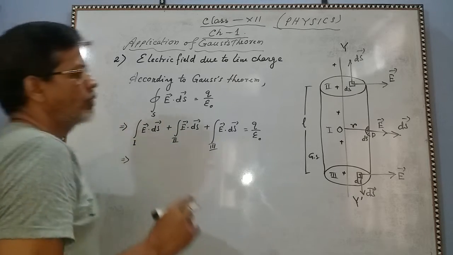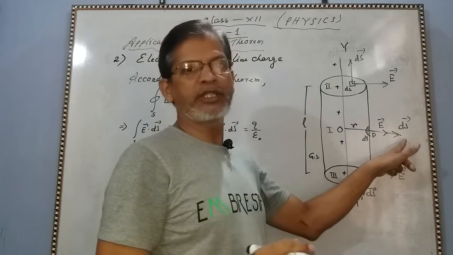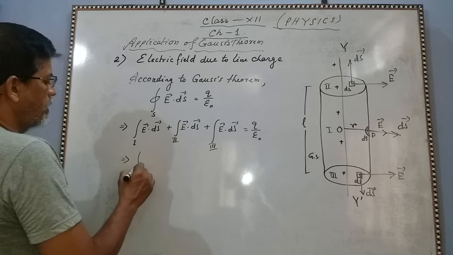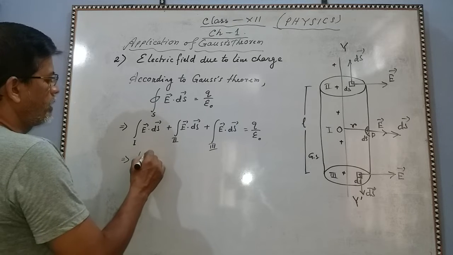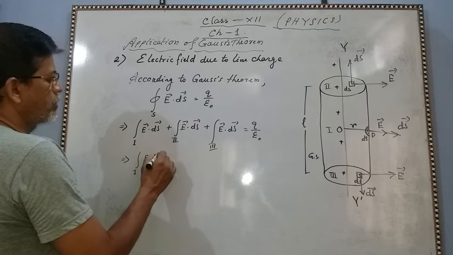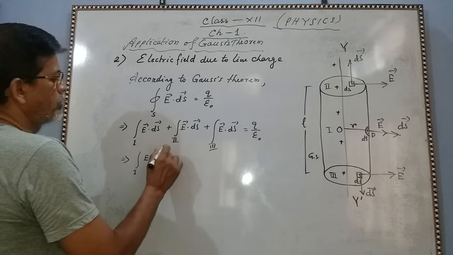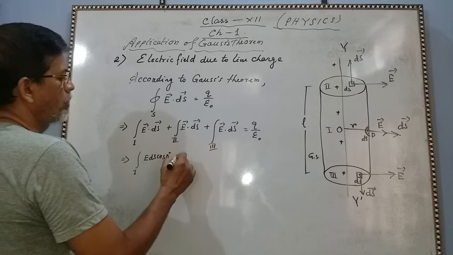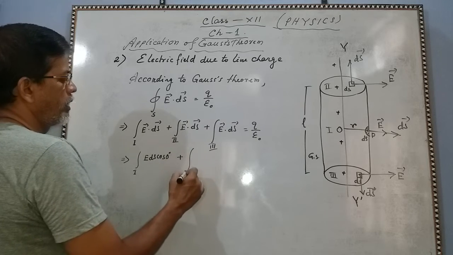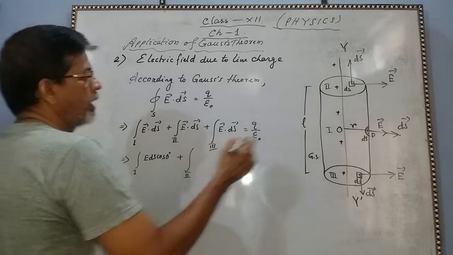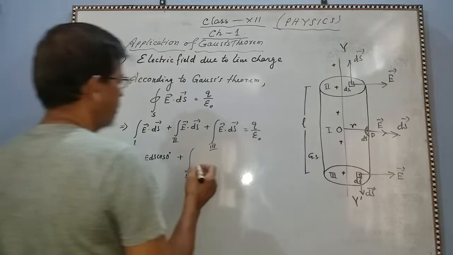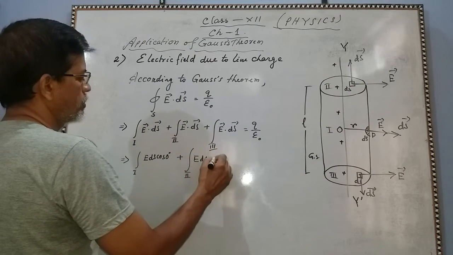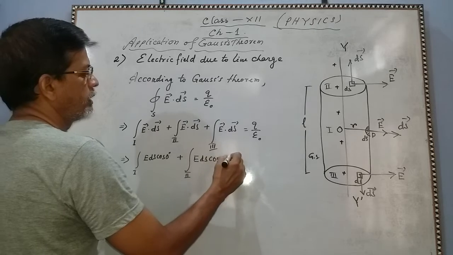Now in surface 1, what is the angle between the E vector and the ds vector? 0 degree. So this is integration E ds cos 0 degree. Second part, the angle between these two is 90 degree. So E ds cos 90 degree.